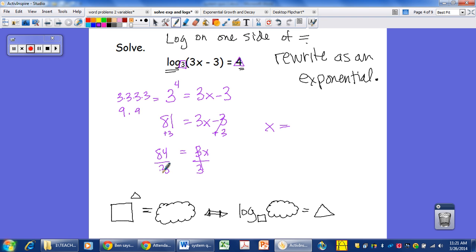X equals, 3 goes into 8 2 times with a remainder of 2, 28. X equals 28 is the answer to this log base 3 of 3x minus 3 equals 4. So when you have logs on one side of the equation, you rewrite it as an exponential using this handy dandy little conversion formula.